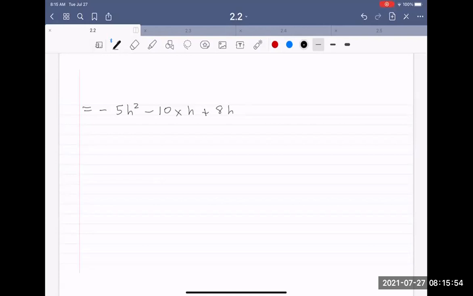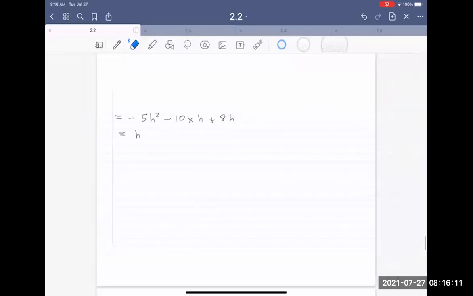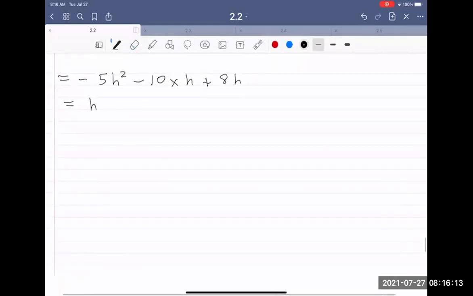Let's factor out h. Actually, let me write it this way. Let me write the minus 10xh plus 8h together and the minus 5h squared.